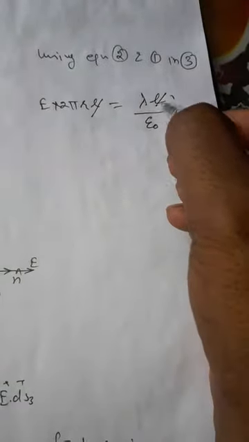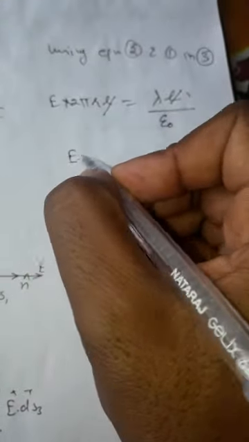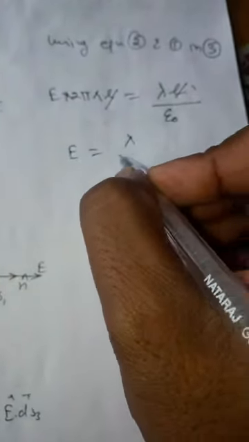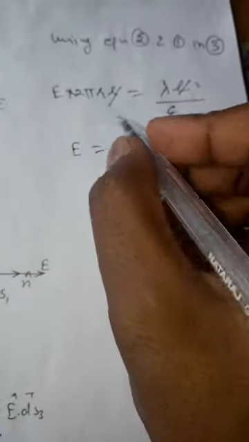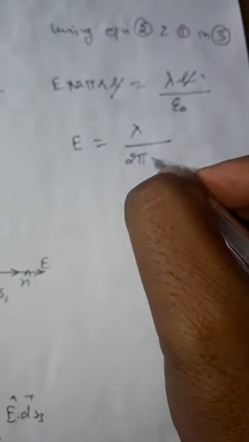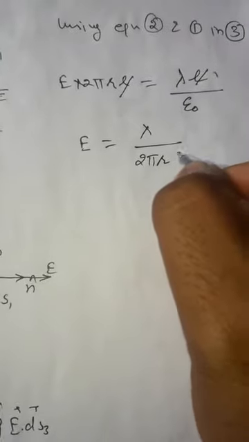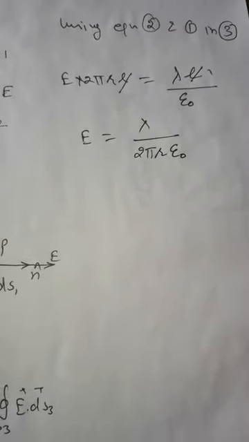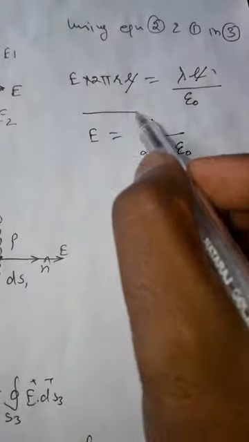So L can be cancelled out from here, and we are left with E equal to lambda upon 2 pi r into epsilon naught.